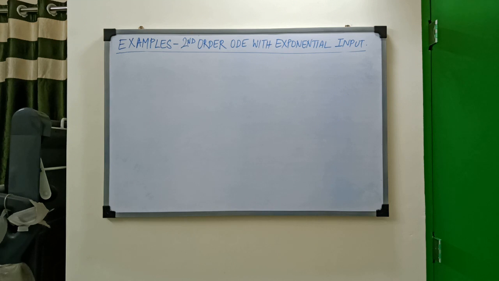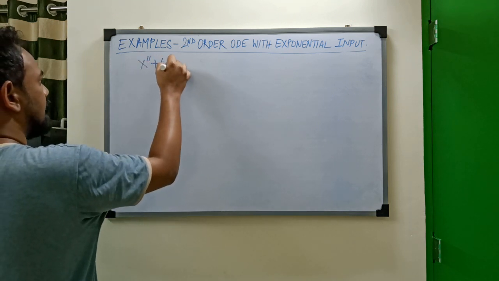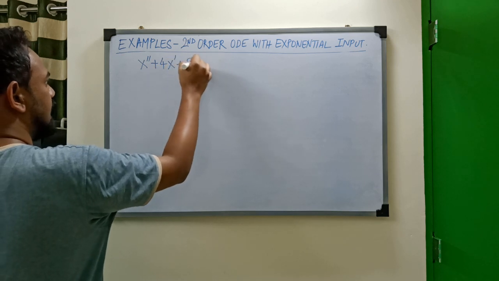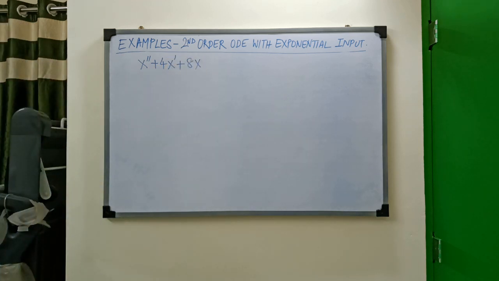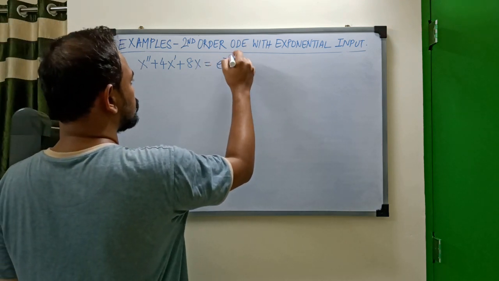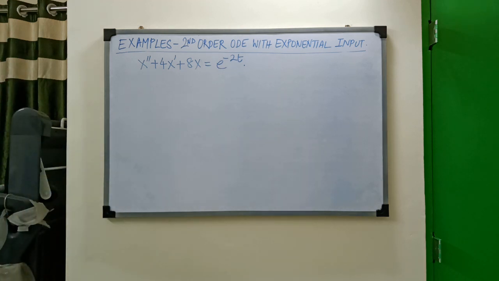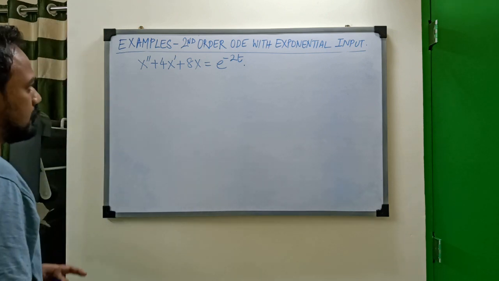Let's try x double prime plus 4x prime plus 8x equal to e to the power minus 2t. That's another decaying function. Okay. What about this? What will be the particular solution?